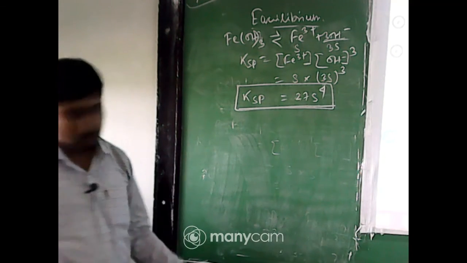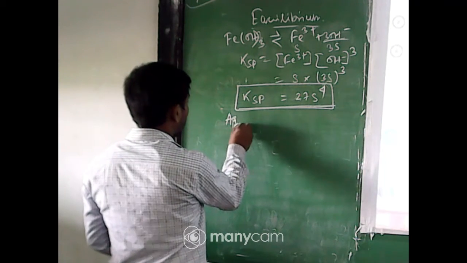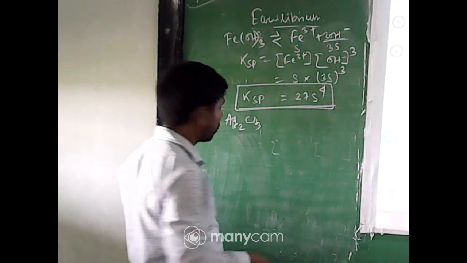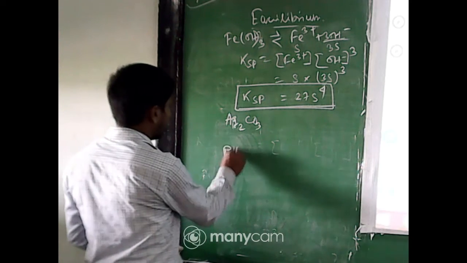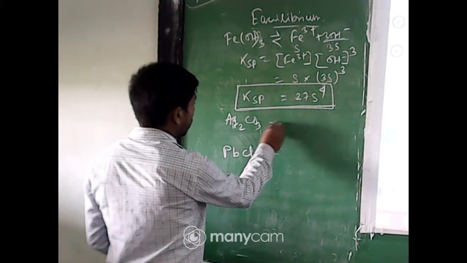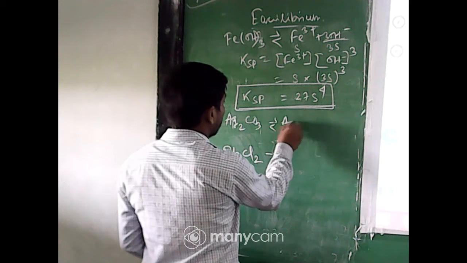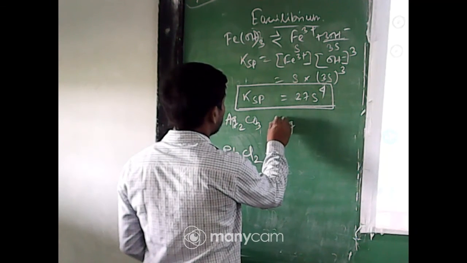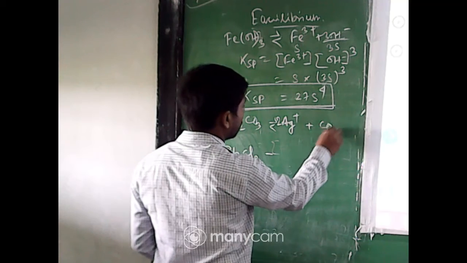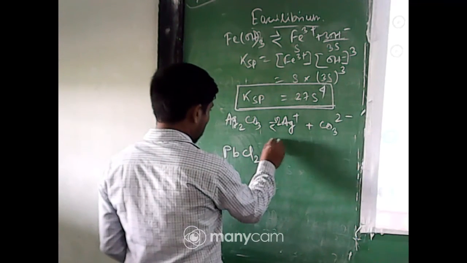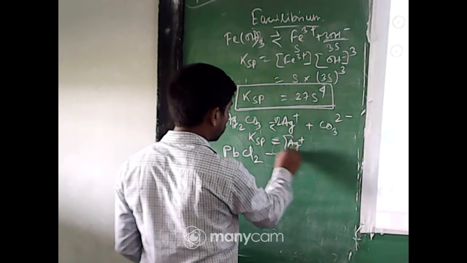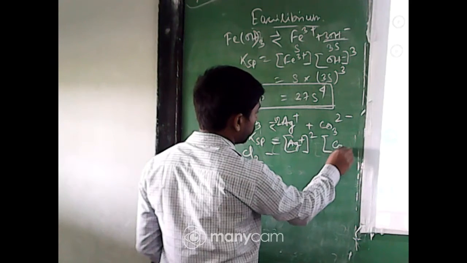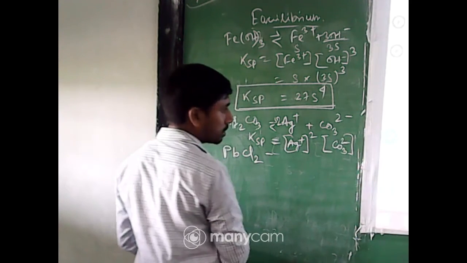Now for another one, suppose Ag2CO3, AB2 type, and PbCl2. First of all, come with Ag2CO3. It dissociates into 2Ag+ and CO3 2 minus. Ksp equals Ag+ squared into CO3 2 minus.